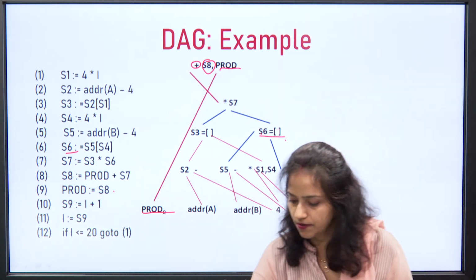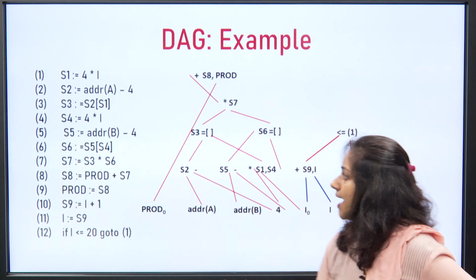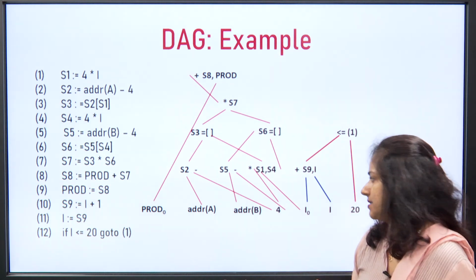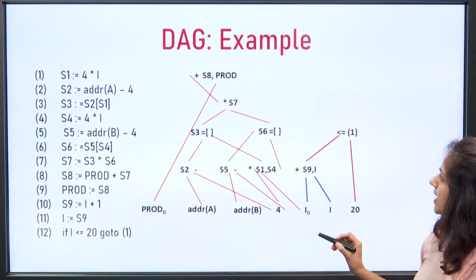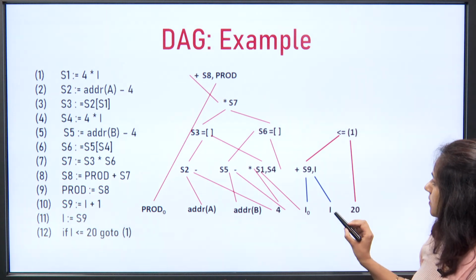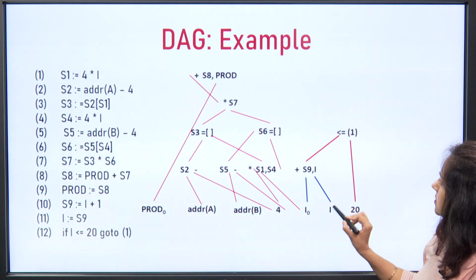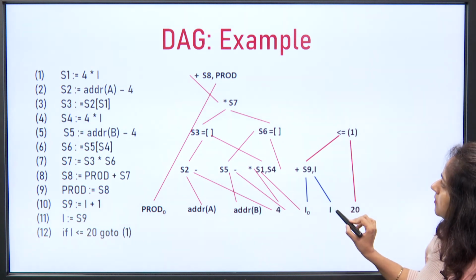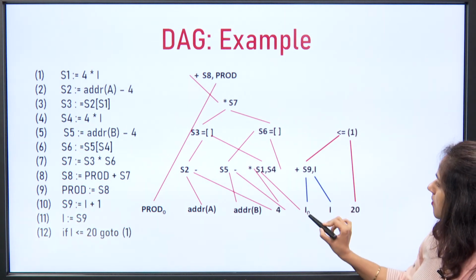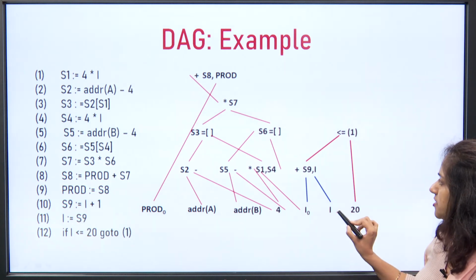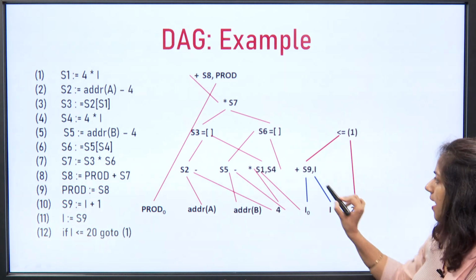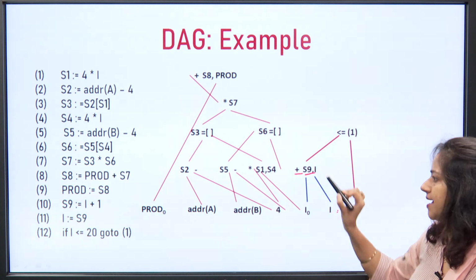Then next statement is S9 is equal to 1 plus I. So, this is I and this is 1, this can be computed, and here the plus operation and then S9.